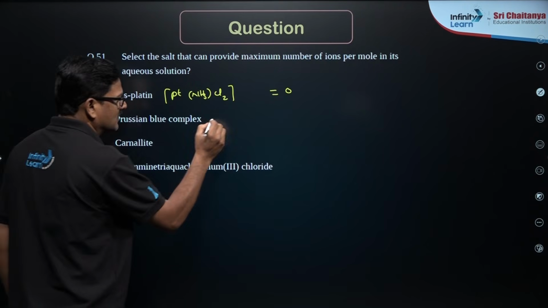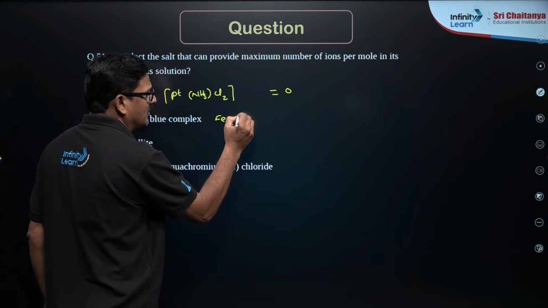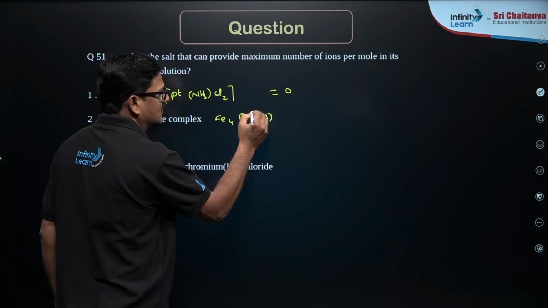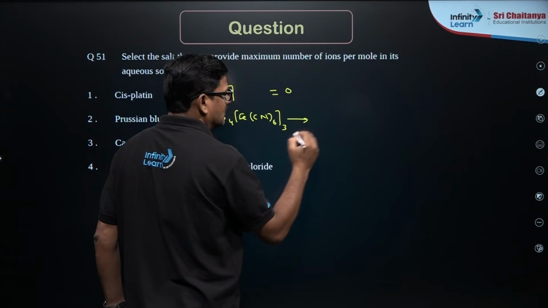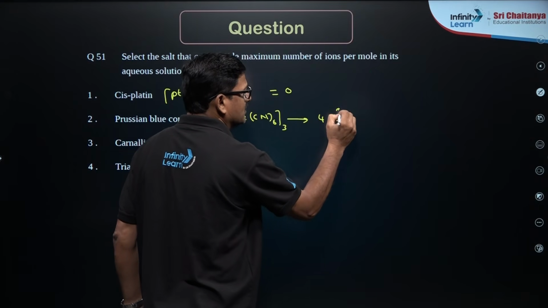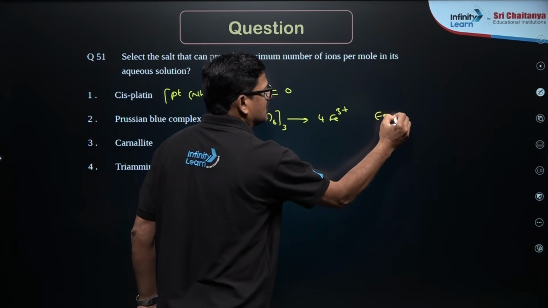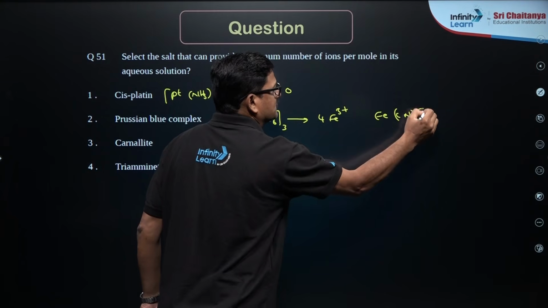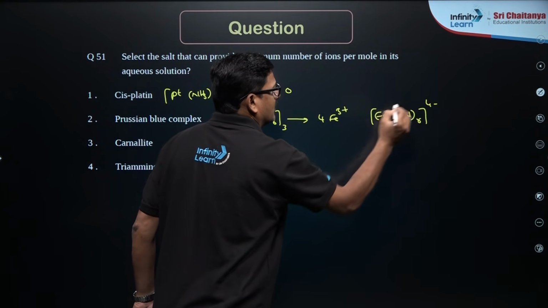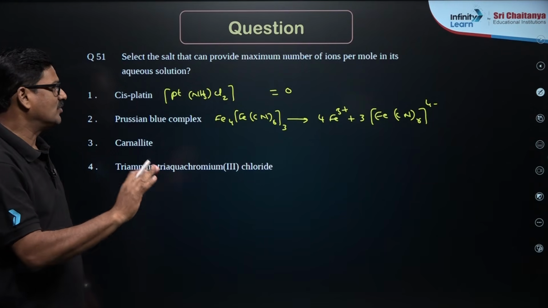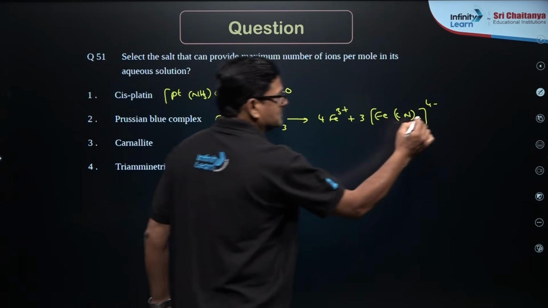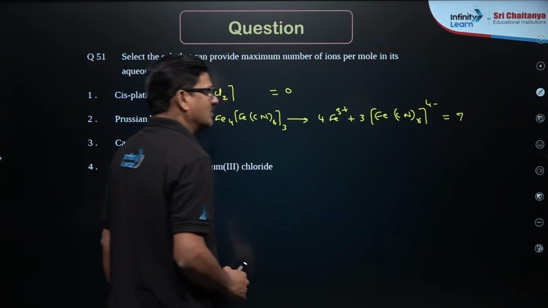Prussian blue, that is Fe4[Fe(CN)6]3. On ionization, you get 4 Fe3+ and 3 [Fe(CN)6]4-, total 4 plus 3, which is 7 ions you are going to get.